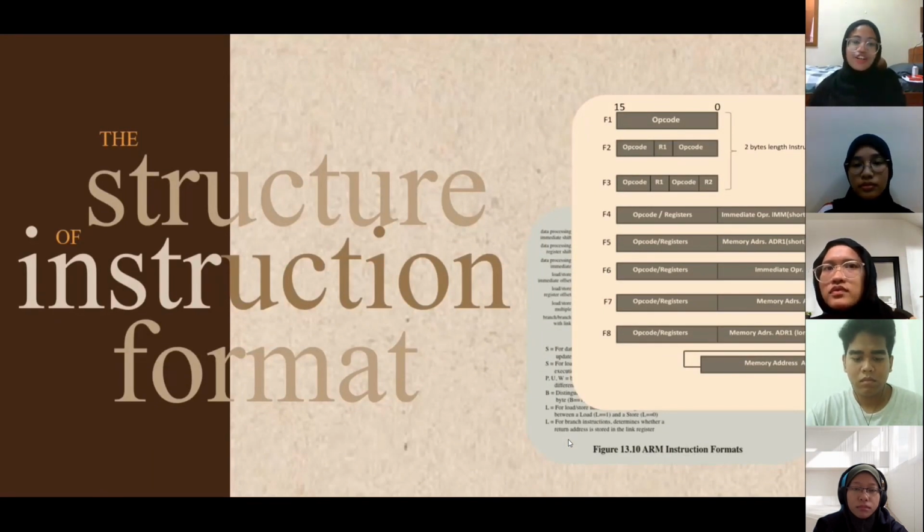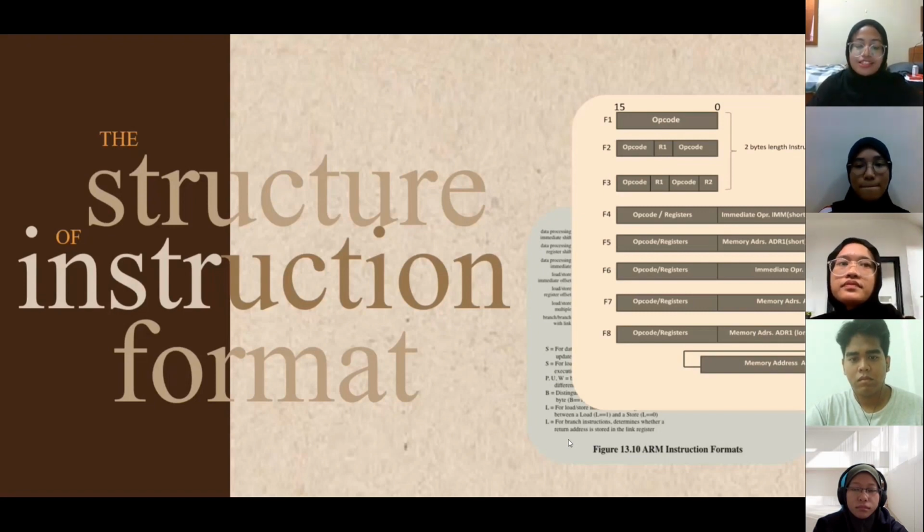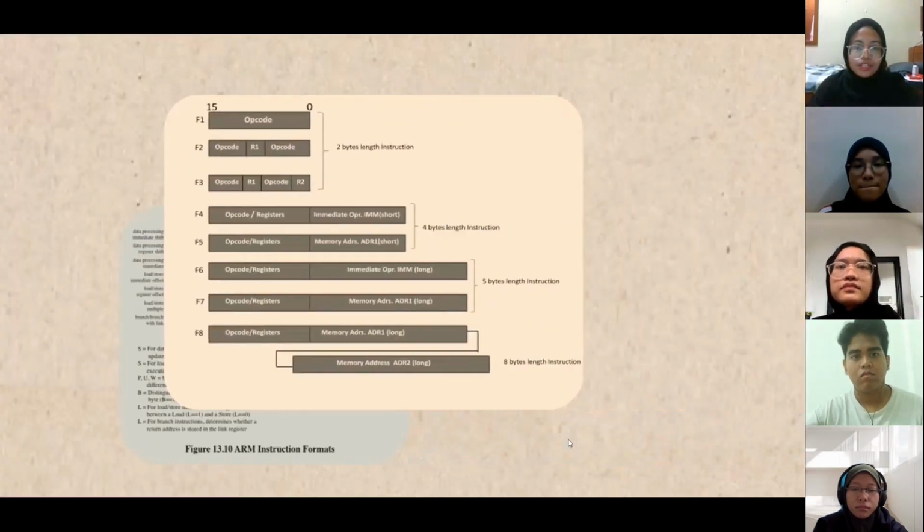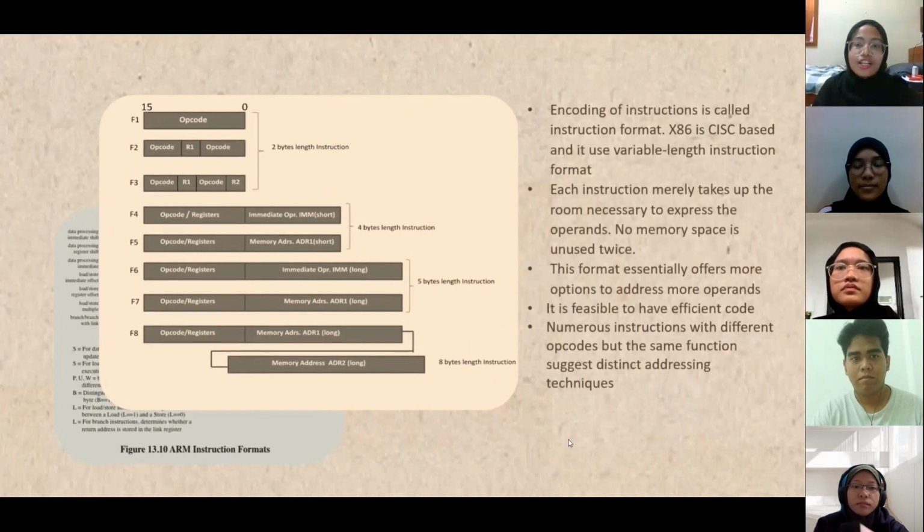So the structure of instruction format, we have two, which is ARM and X86. For X86, we use encoding of instruction. X86 is CISC based.